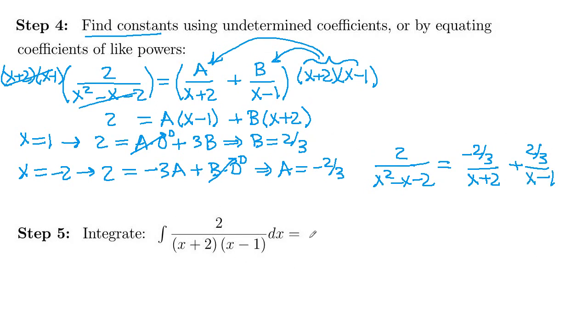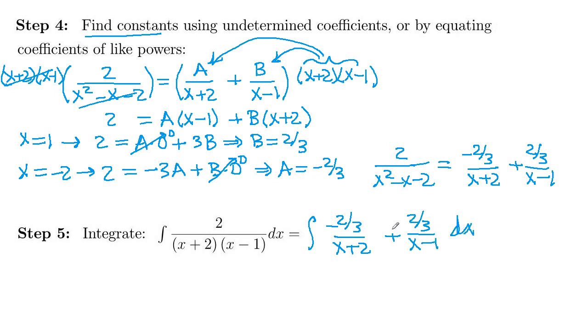So if we want to integrate this, that means that we integrate negative 2/3 over x plus 2 plus 2/3 over x minus 1 dx.